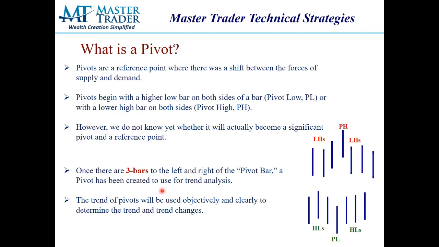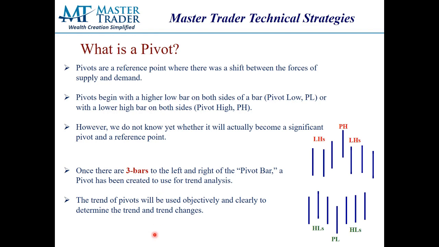And when you see a bar with 2 bars to the left and the right, there has been a shift there, but we have to make a decision here as to what we're going to use as something of significance. You might see others use 4, 5, 6, 12, whatever it might be. But here we have to make a choice. And I've just found that using 3 bars to the left and the right works out really well.